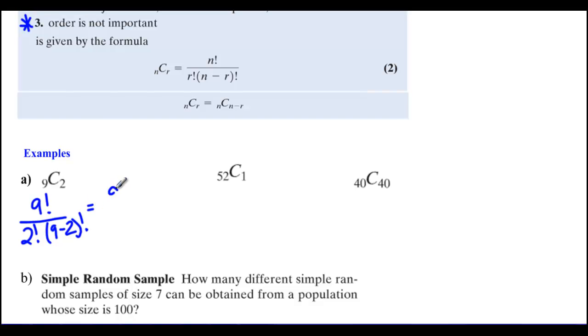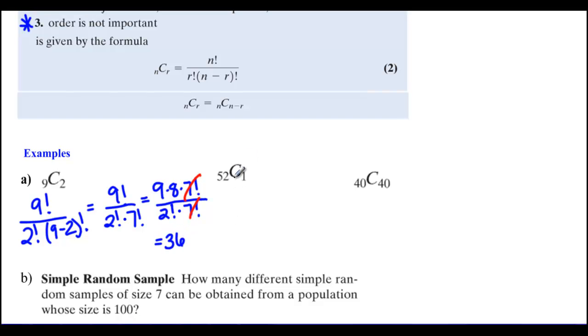So we're going to have 9 factorial over 2 factorial times 7 factorial. And I can rewrite this 9 factorial as 9 times 8 times 7 factorial all over 2 factorial times 7 factorial. These 7 factorials cancel, and the 9 times 8 over 2 factorial, which is just 2 times 1, or just 2, is going to give us 36.